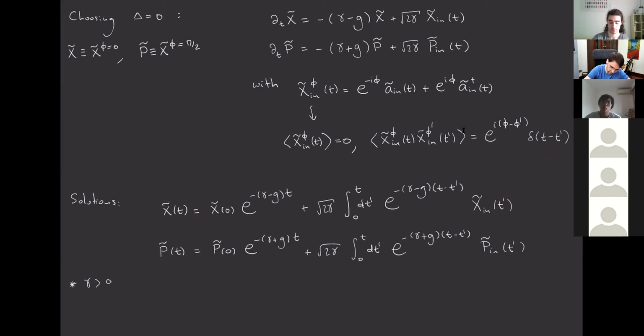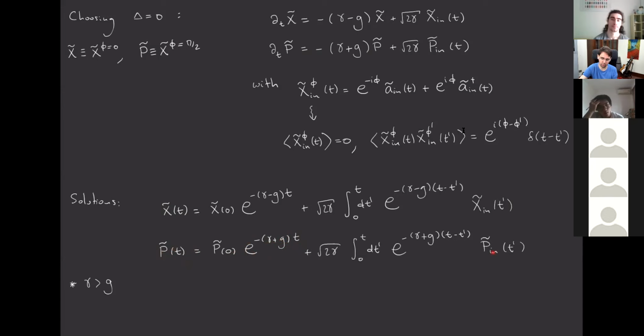So for the P quadrature, this object in here, gamma plus G, is always positive, and then this is always an exponential that decays with time.